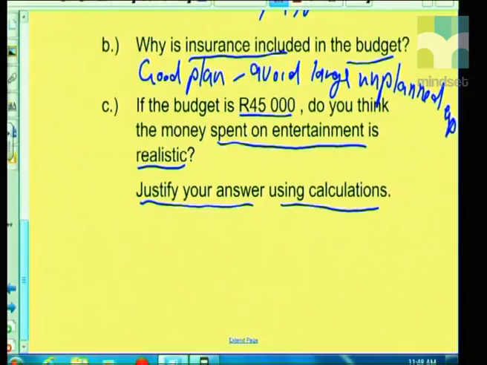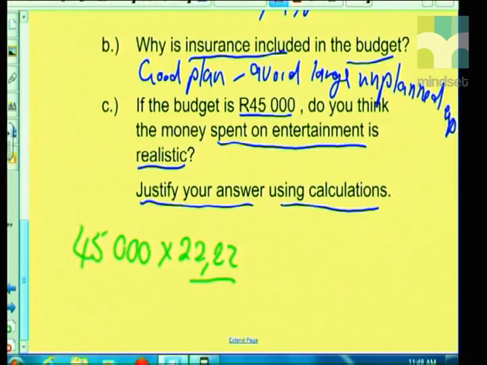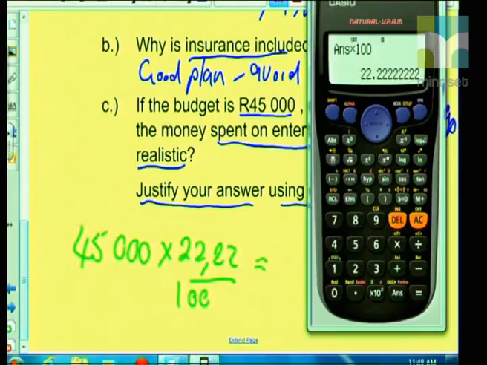Now, how much money is that? Let's look at how much money we started with. We started down at the bottom, I think you can see, 45,000 Rand, and we're going to say how much money the 22% was worth. It's 22.22 divided by 100 to work out the percentage, multiplied by 45,000 Rand. How much money are we actually allocating to entertainment?